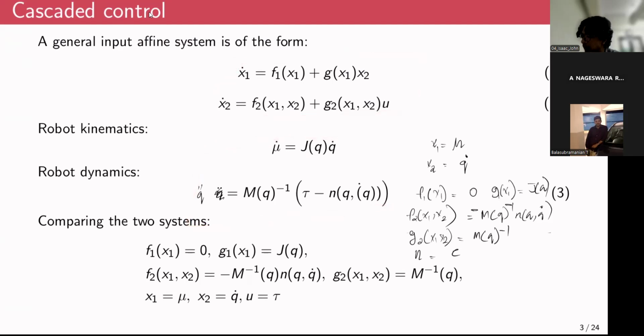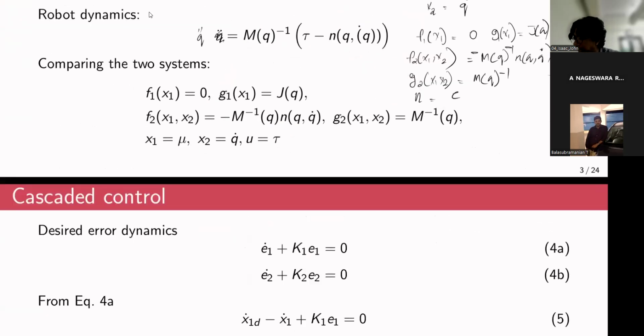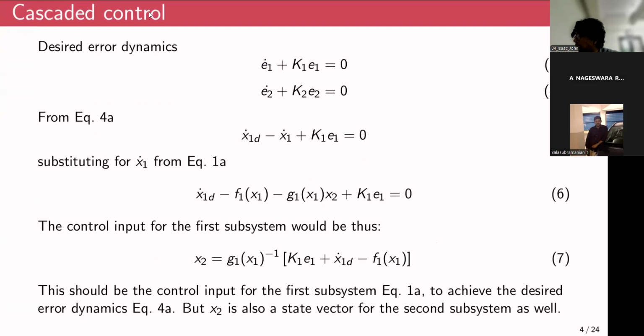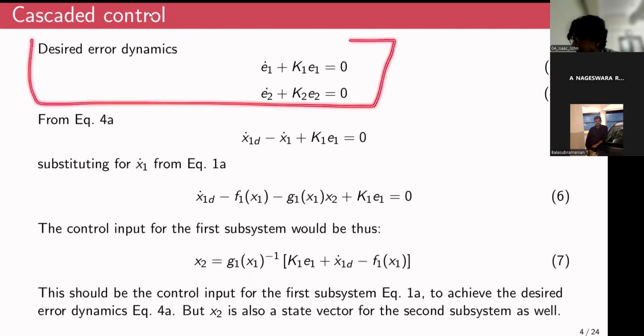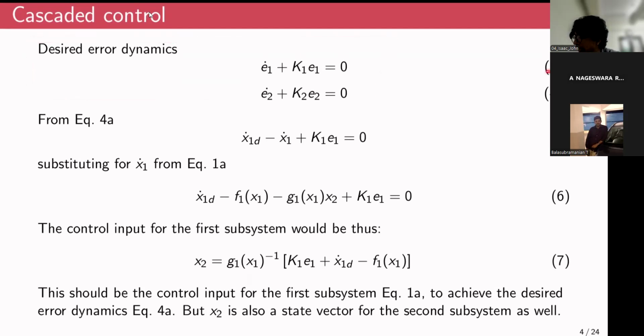So once we have obtained this input affine form, like what we have seen in the earlier week, we want the errors of the system to asymptotically tend to 0, right? So basically, we have two first order systems, and we want them to behave as per the error dynamics represented in equations 4a and 4b. Again, these are first order ordinary differential equations.